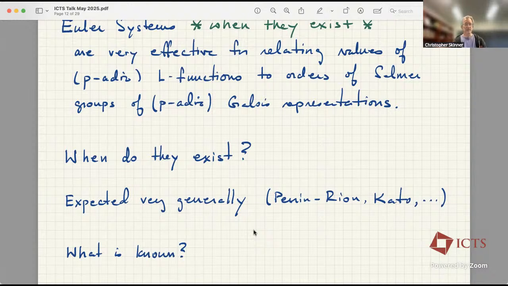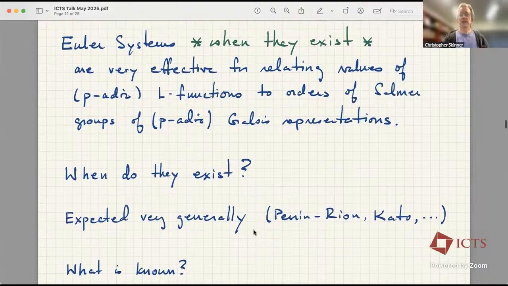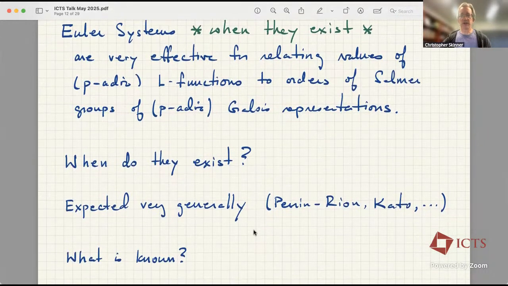But what actually is known, and what are some of the open problems? I'm going to shift into describing a little bit of the history, and then I'm going to describe a new construction. So it might be a good point at which to ask if there were any questions about this rather rapid overview of the method of Euler systems.